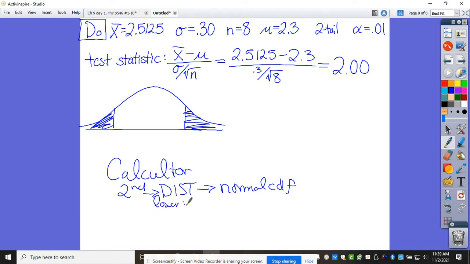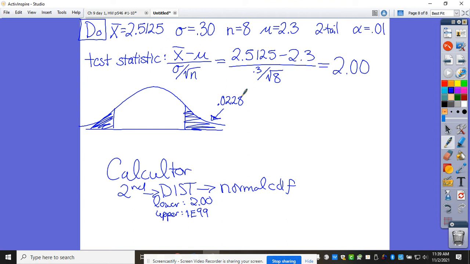What do I want my lower to be? What do I want my upper to be? I leave my mu at 0, my sigma at 1 because I'm dealing with z. And when I hit enter, it's going to give me the area of this tail, which is what? Is everybody good with getting that?